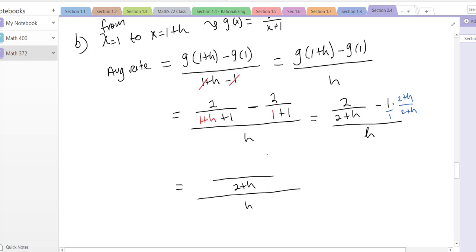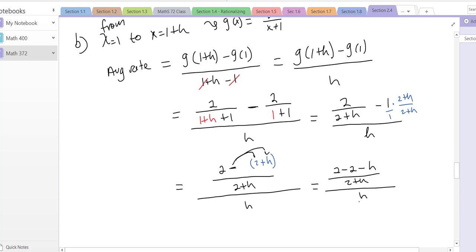I have this and the 2 minus, and when I multiply this, 1 times 2 plus h is just 2 plus h. I'm using parentheses so I don't forget to distribute my negative. So now this becomes 2 minus h as I distribute this negative over 2 plus h and the whole thing over h.